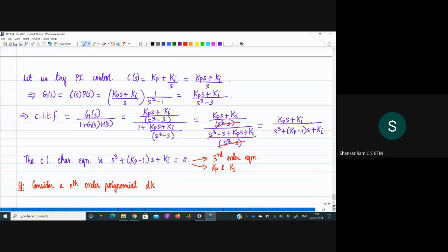Let's call the nth order polynomial D(s), which is a0 s^n plus a1 s^(n-1) plus a2 s^(n-2) all the way till a(n-1) s plus an. Now the question becomes, how can one determine the distribution of roots of this polynomial?